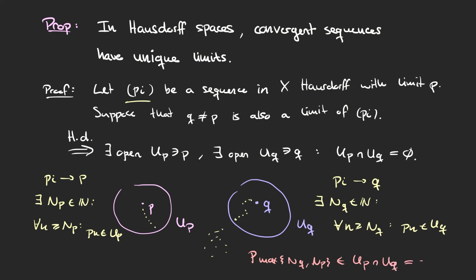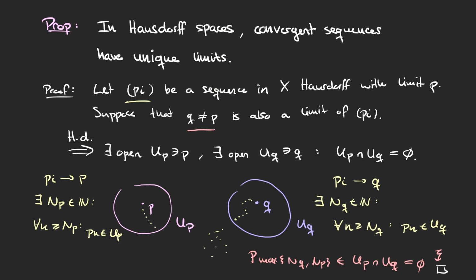But we said that the intersection was empty, and so this is in fact a contradiction, which proves that our hypothesis that Q is some limit of the sequence which is distinct from P is not possible. So in summary, we've assumed that the sequence P_i has two distinct limits, and we came up with this contradiction. So this shows that convergent sequences in Hausdorff spaces have unique limits.